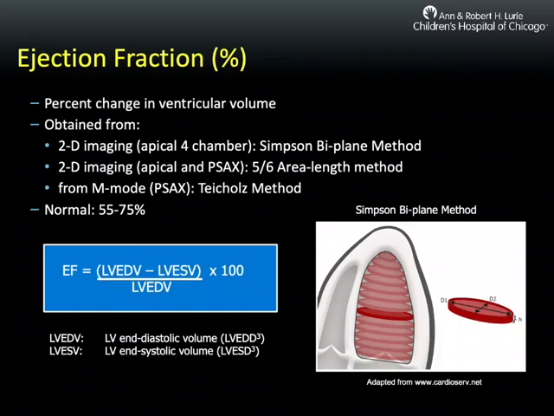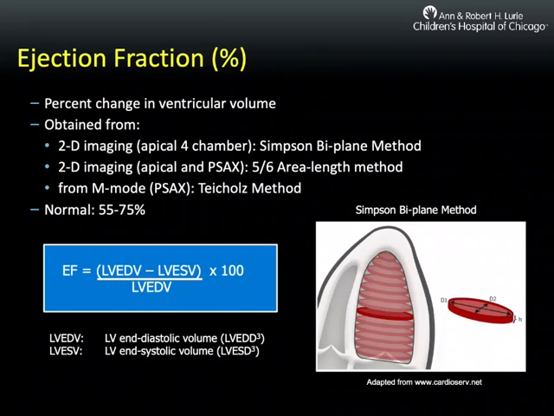Another modality to quantify LV function is to look at the ejection fraction. This is a percent change in ventricular volume. Again, using the assumption that the left ventricle is cylindrical, there are several ways to potentially measure that ventricular volume.